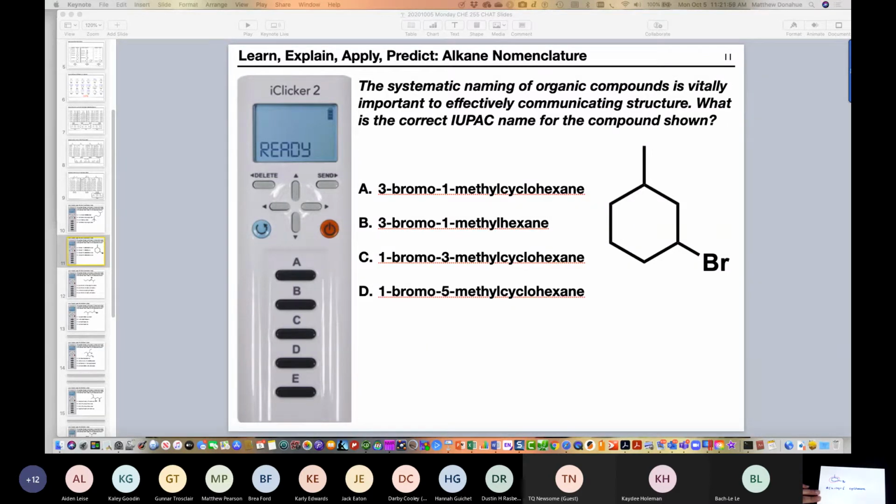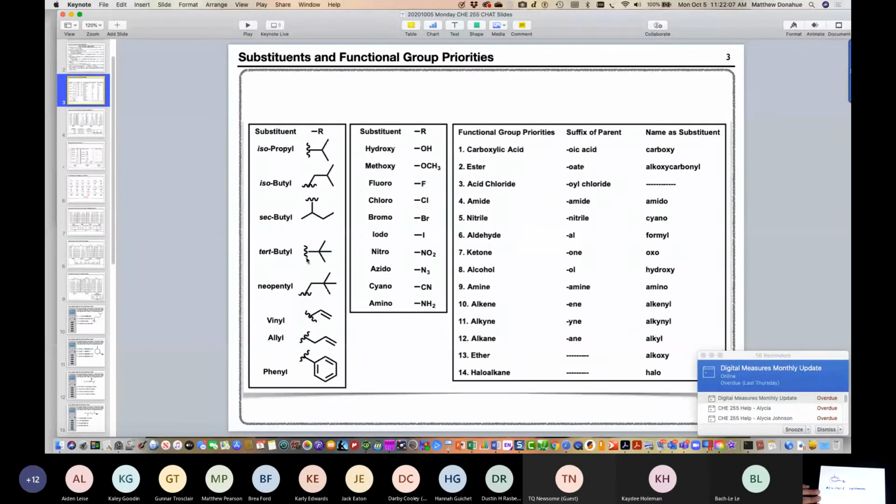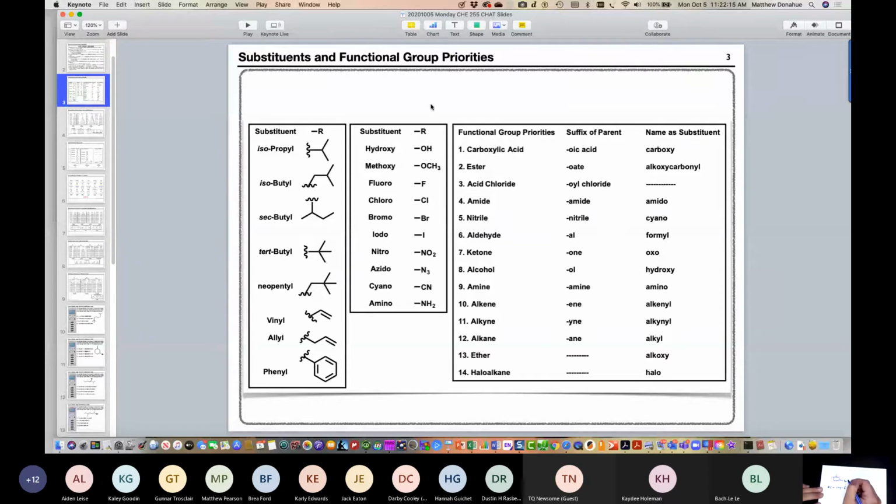Now let's identify the substituents. Let me click back over to the substituent slide. I'm in this sort of second box here. This group here as a substituent, what is that called? It's a bromine atom, but as a substituent, it's called bromo.